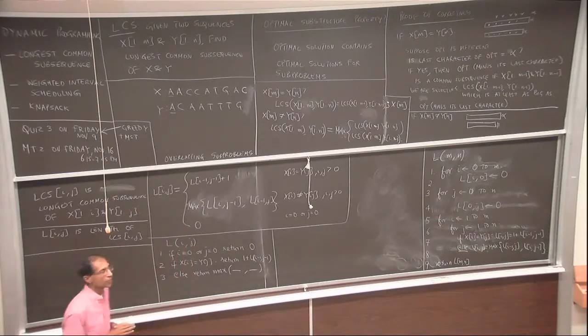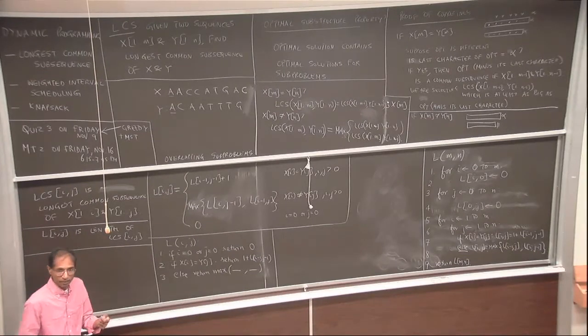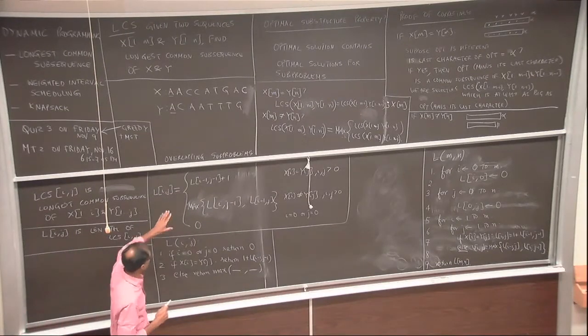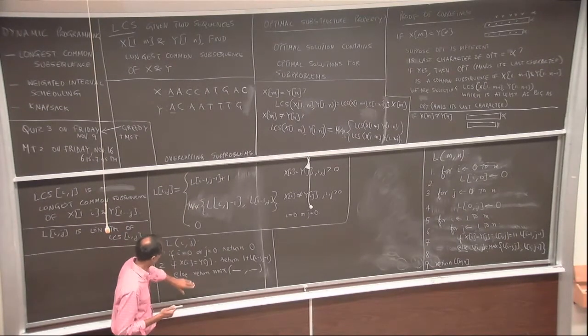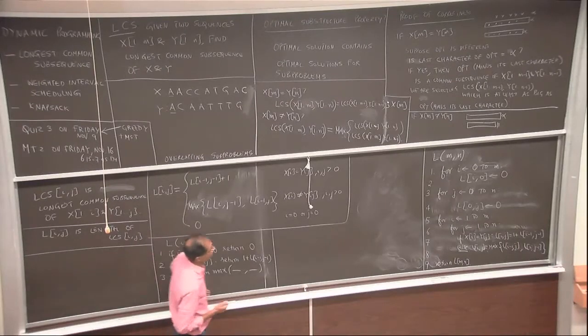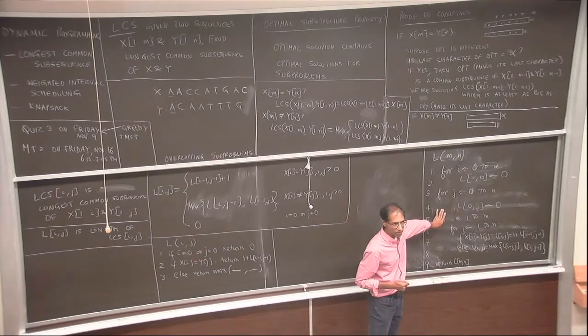Any other questions? Okay. I wanted to do it in a sequence of steps like this, because we will be doing this again and again. We'll be writing the recurrence, then translating that into pseudocode, either this way with memoization, or this way where I have provided more details.